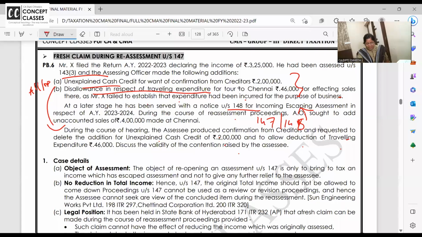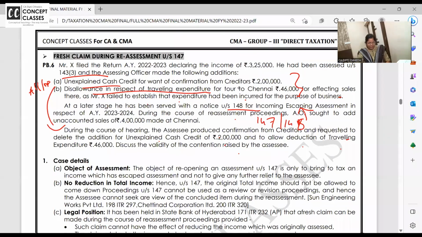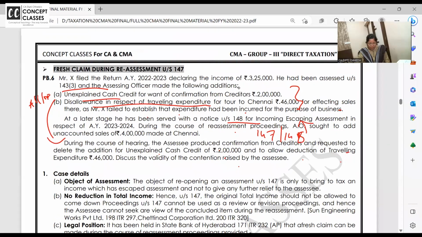This traveling expense तो allowed disallowed अगर लग रहा है तो you rectify the order. अब सीधा उनको नोटिस भेज दो, डिमांड रेज कर दो. Follow? So no, this kind of cases are not allowed in 148, 147.